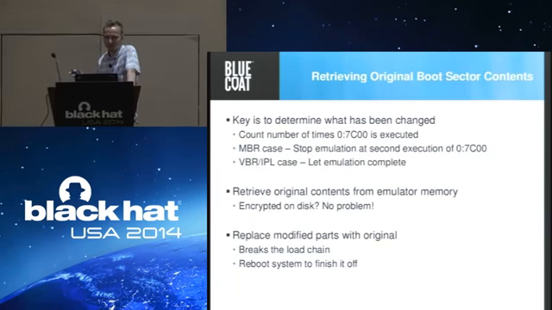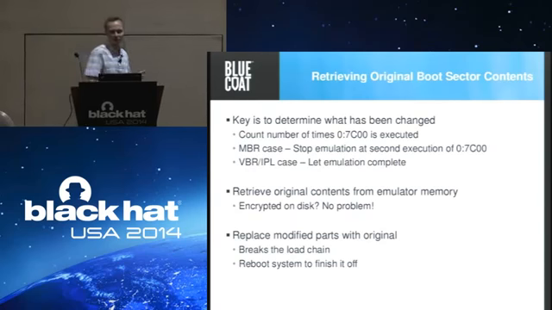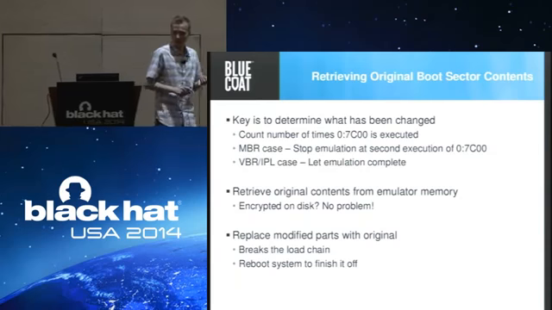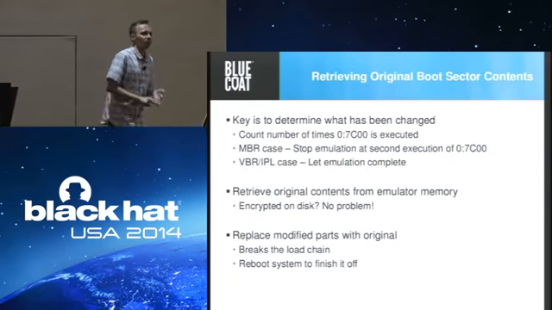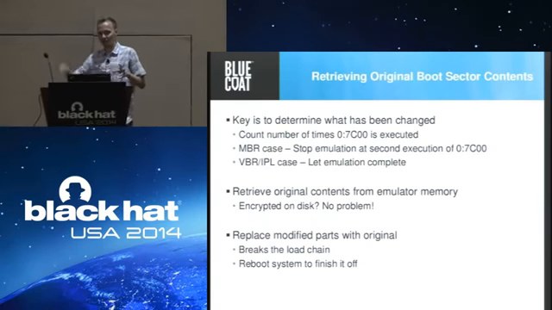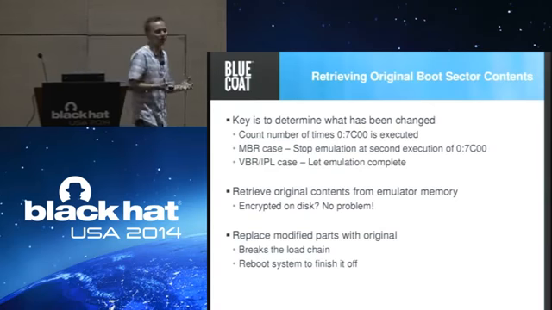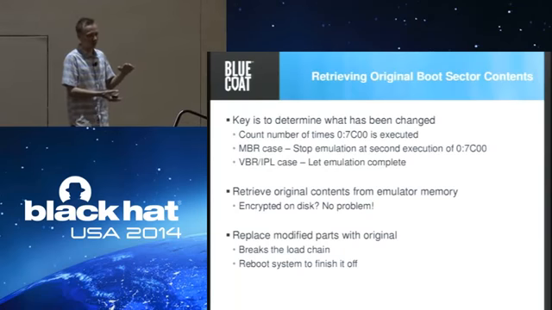And we already know this because we counted the number of times that 7C00 has been executed. So if it's 3 times, we know that the MBR has been replaced. In that case, we just emulate it again, and then we stop emulation at the second time that we hit 7C00. So at this point, the original contents of the MBR should reside within our emulator's memory.